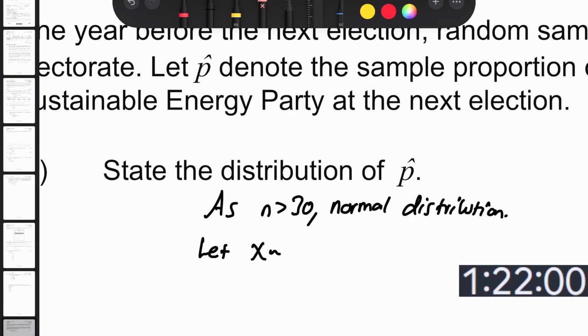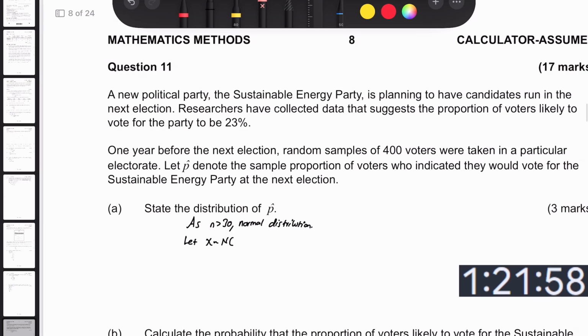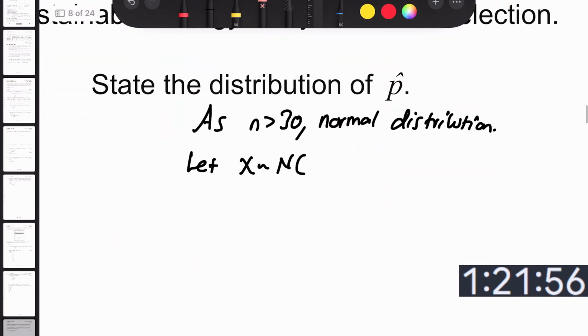Let x equal a normal distribution, and we have the mean is going to be 0.23.